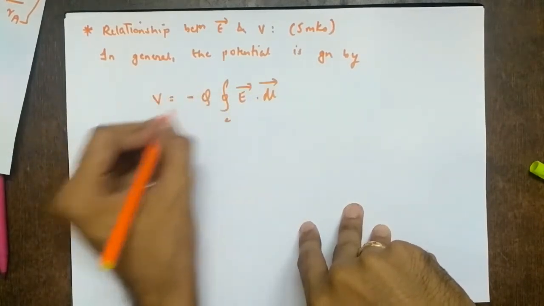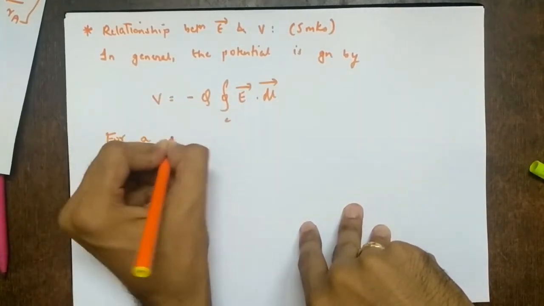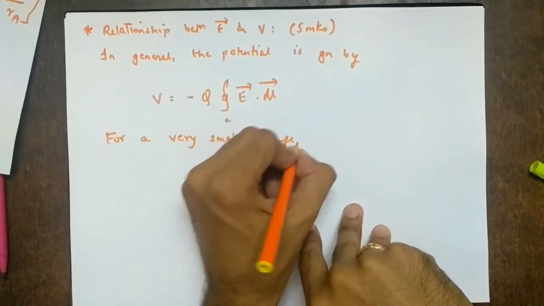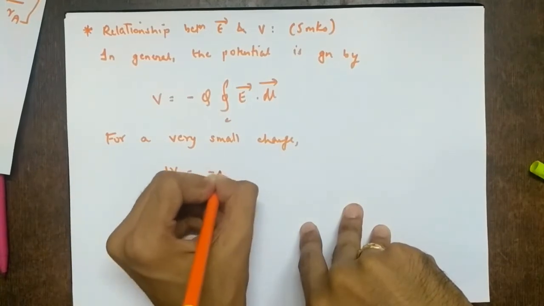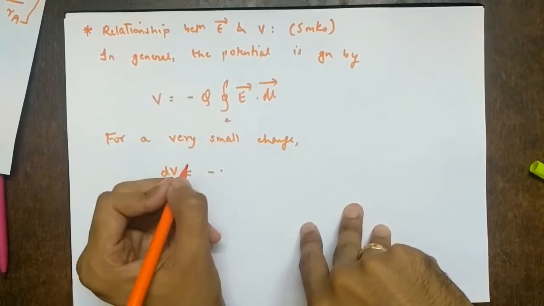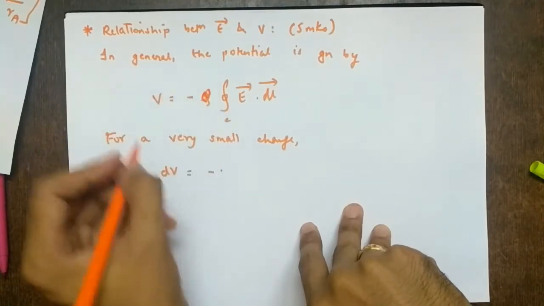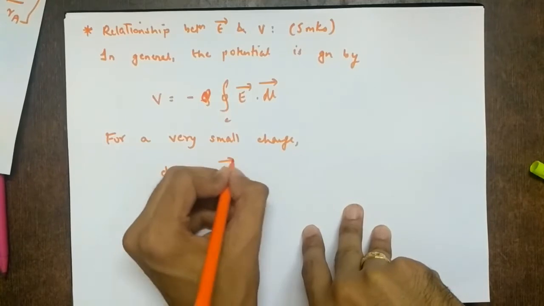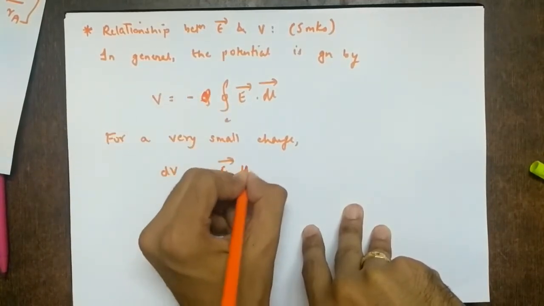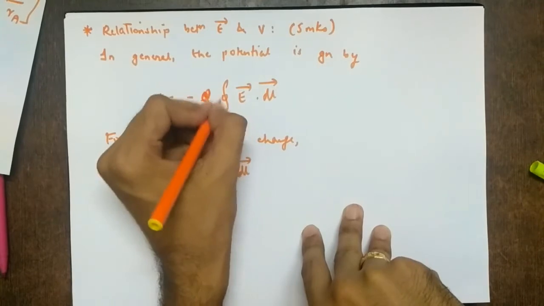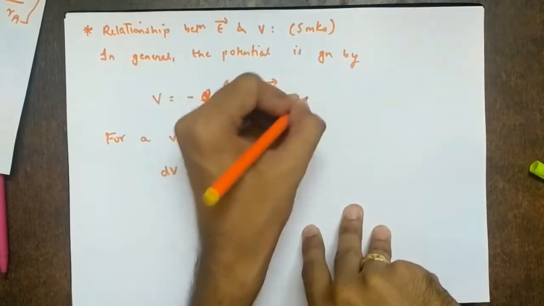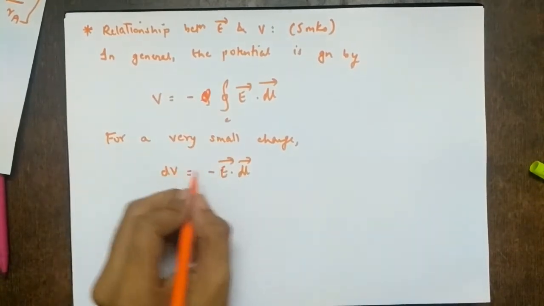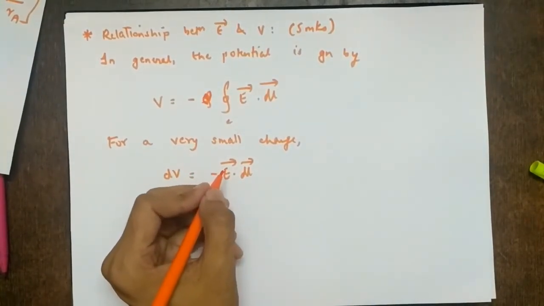If I am assuming a very small change, V will become dV, and this q is not there, so minus E vector dot dl vector. Integral indicates I am integrating all the small lengths, but here I am taking the small infinitesimal length, so integral is not used, okay?